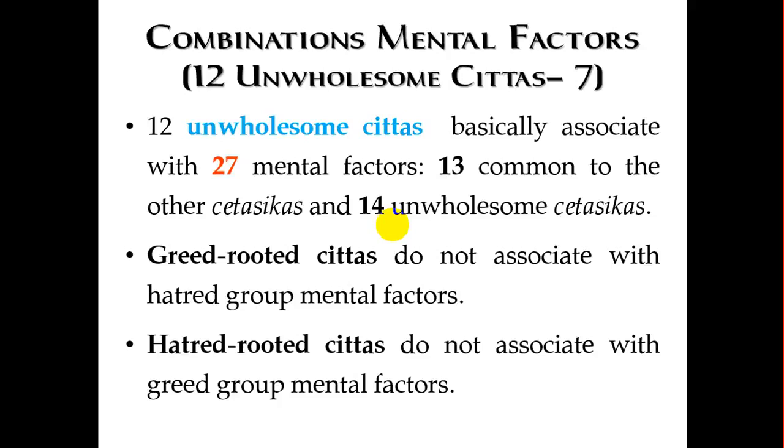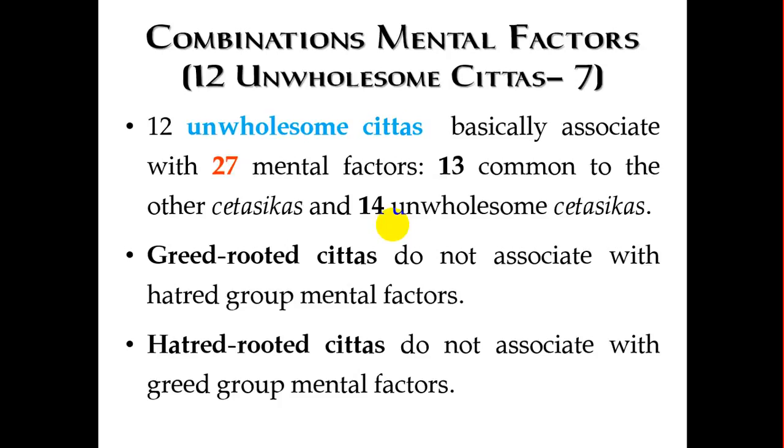Then doubt. Doubt is associated only with the cheta that is accompanied by doubt, right? I think it's now getting clear. The first four are called unwholesome universals. We are talking about the 40 unwholesome cetasika.